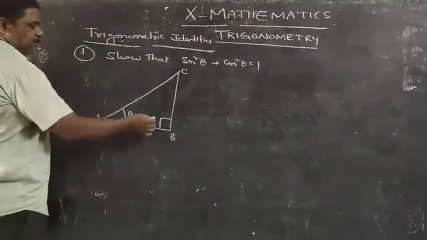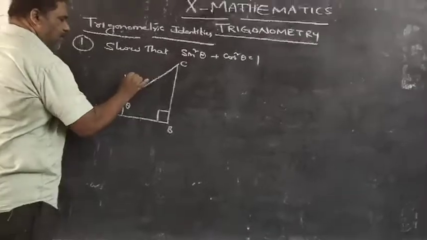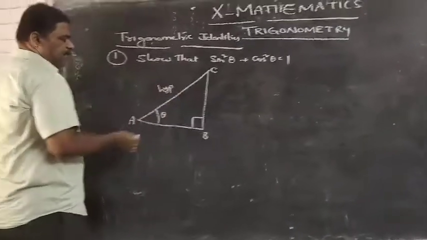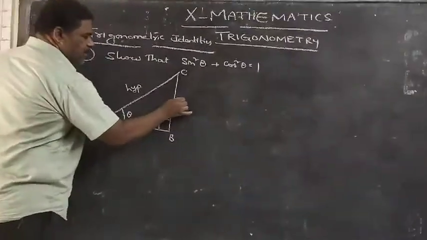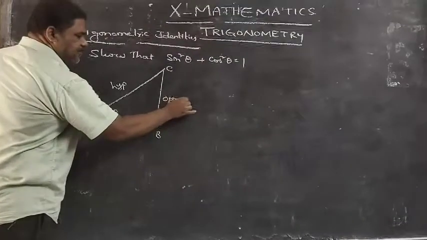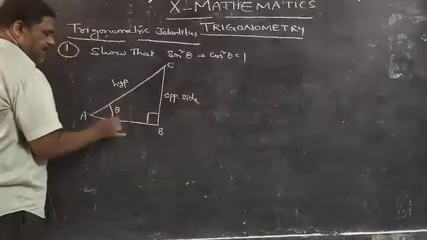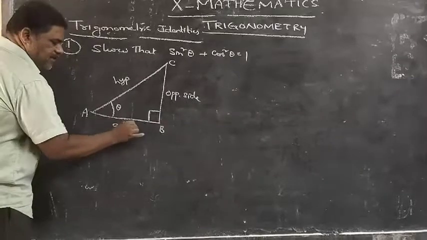The side opposite to 90 degrees is called hypotenuse, and the side opposite to this theta is called opposite side. The side adjacent to theta is called adjacent side.